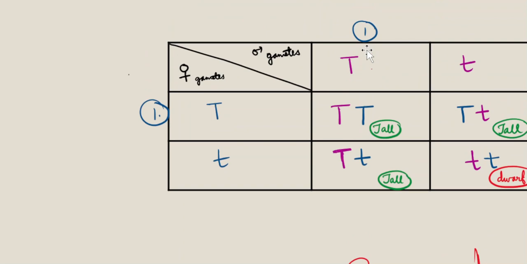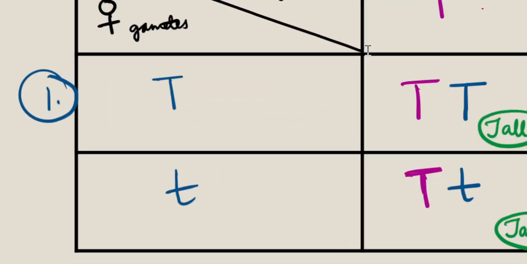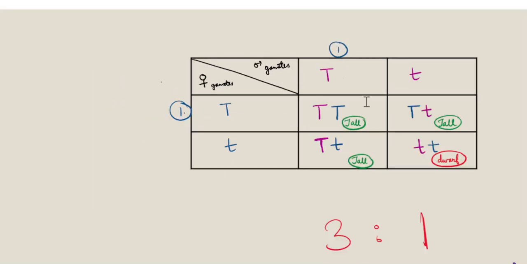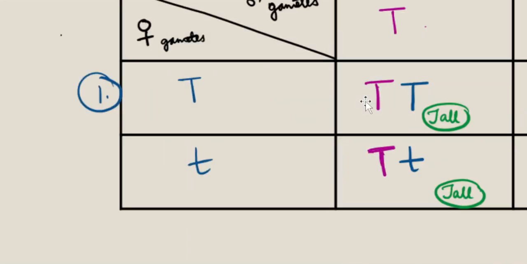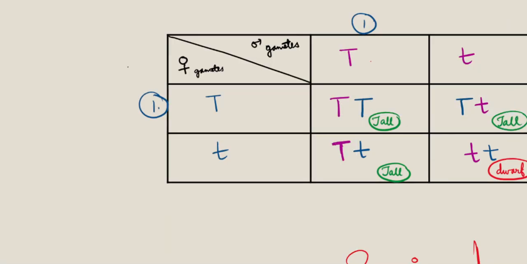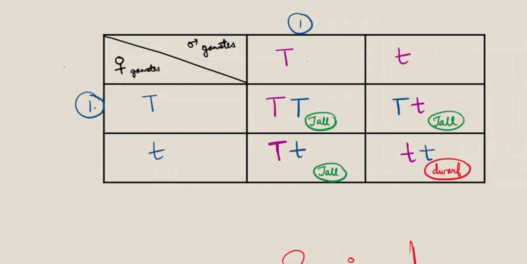Just see how to represent. See, I have zoomed it. This is Punnett square for monohybrid cross, and I hope that you have understood this.